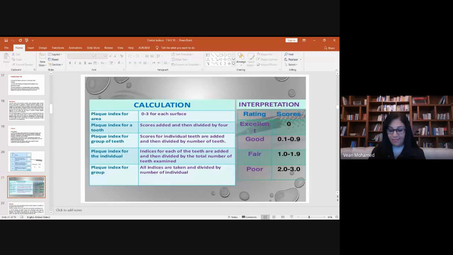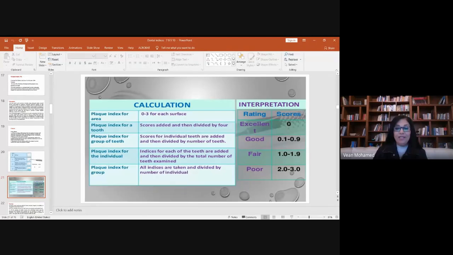If we examine 5 teeth, then the score for each tooth is added together and divided by 5. If 12, total the numbers and divide by 12. It's very easy. Add the numbers and divide by the number of teeth.